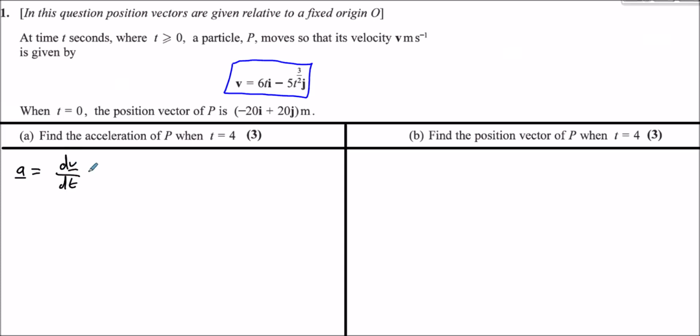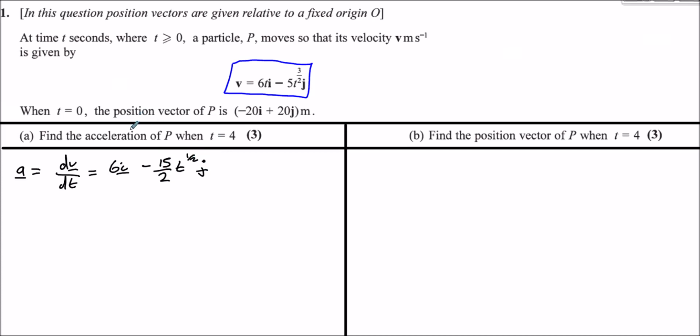We differentiate each component individually with respect to t. So 6ti will become 6i, and for minus 5t to the 3 over 2, the 3 over 2 will come to the front and multiply with 5, so I get minus 15 over 2, and the power of t will drop by 1, so it now becomes t to the 1/2 lots of j.